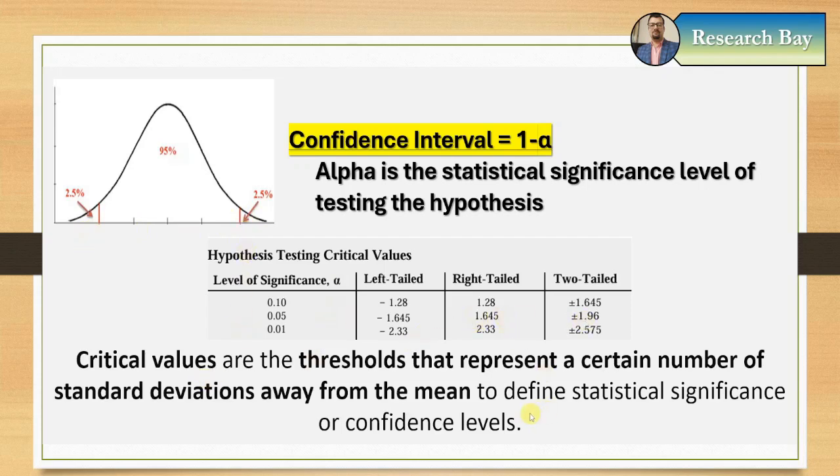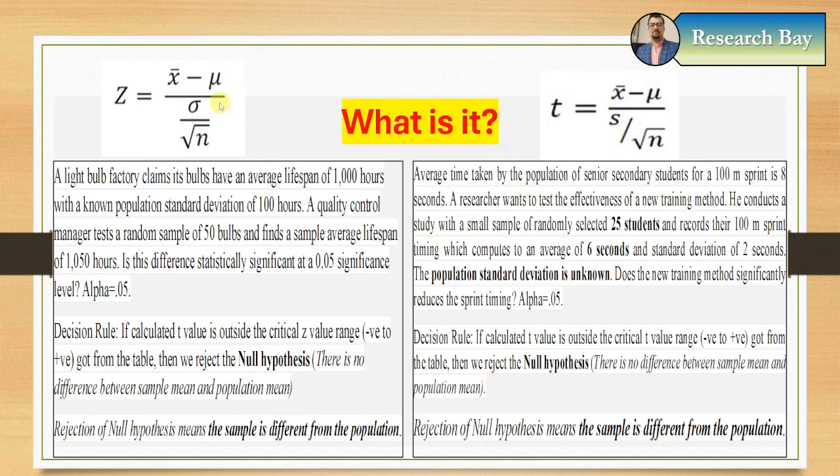Now let us go ahead. Now what is this? You must have come across these two formulas. This is a formula for Z statistic and this is a formula for T statistic. Now what is the difference between Z and T?